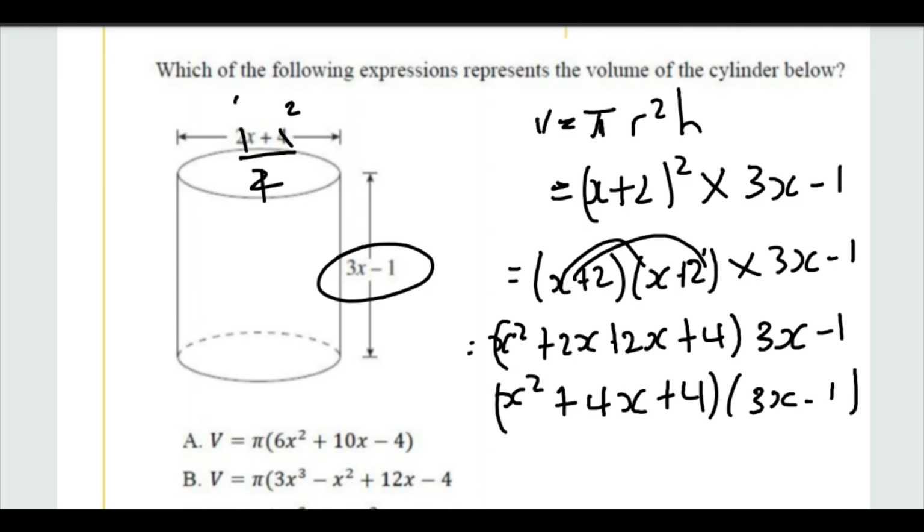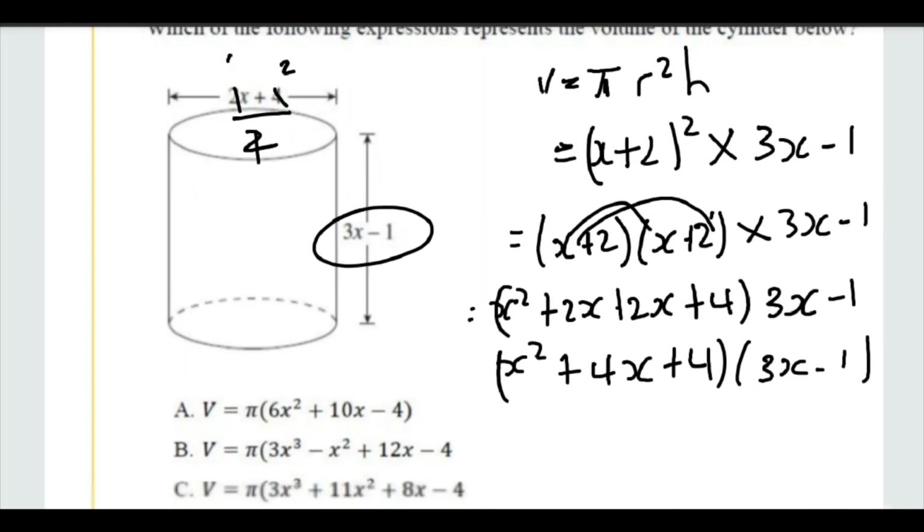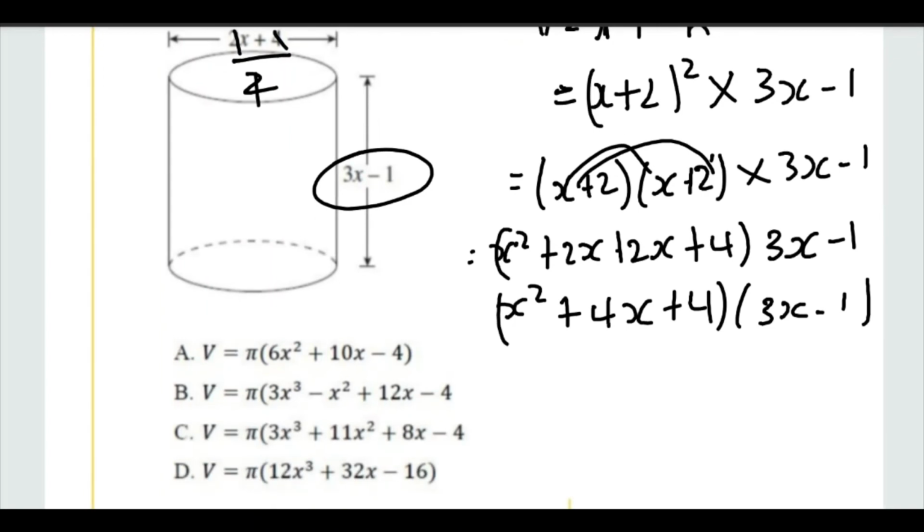Wow, I won't have space here, but let me see. Alright, so let's distribute this 3x to all these terms in the bracket. 3x times x squared will give you 3x to the third power. 3x times 4x will give you plus 12x squared. 3x times 4 will give you plus 12x.